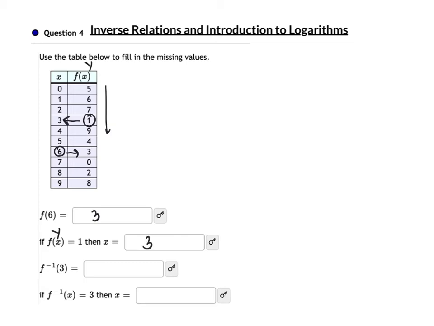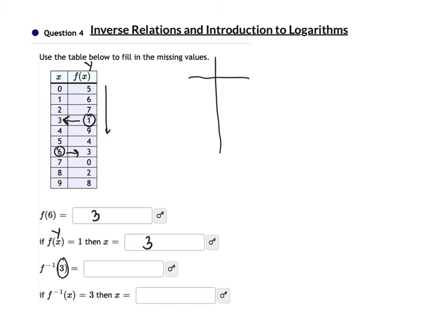F inverse of 3. Now, this is the inverse function. And the inverse function, remember, these variables are switched. So this is actually right here a y value in the original equation. We could make an inverse table if we'd wanted.